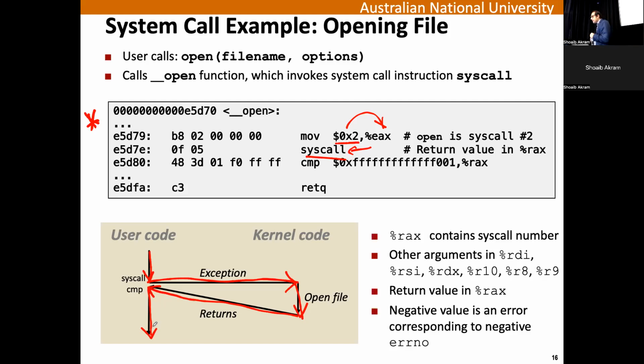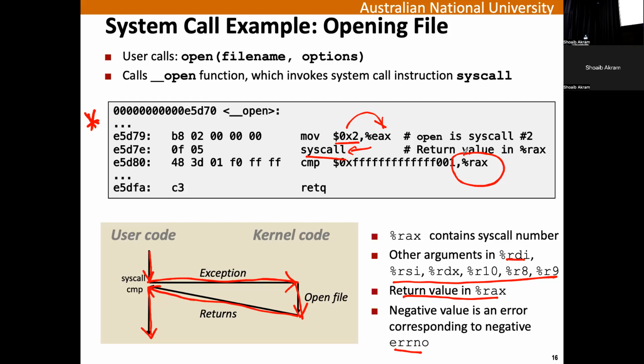So RAX contains the syscall number. The syscall arguments are passed in these registers. The return value is in RAX, and a negative value is an error corresponding to a negative error number. We'll look in a bit at what error number is. So whatever the syscall returns in RAX, we need to compare it to a negative value, and it's system dependent.